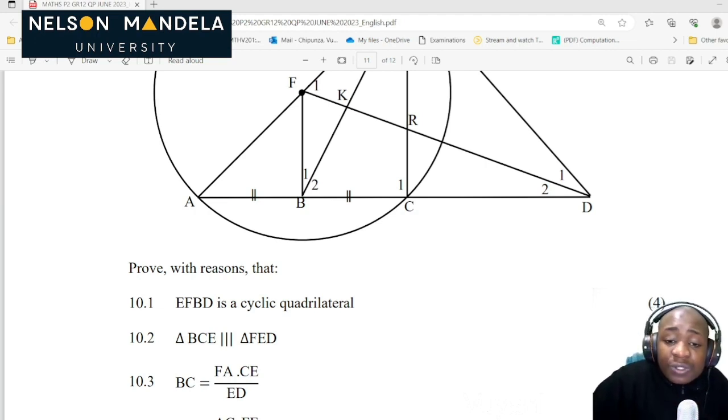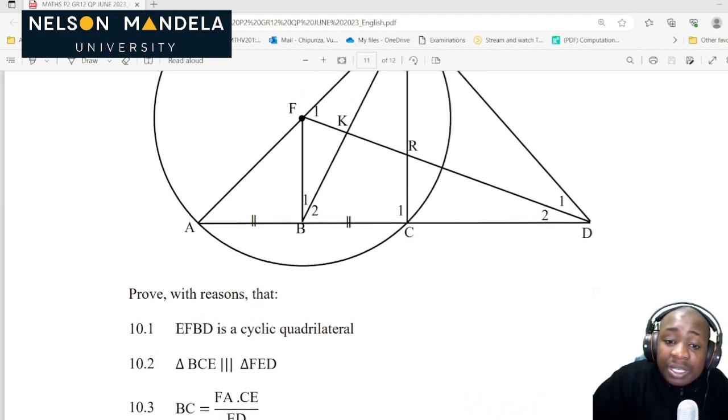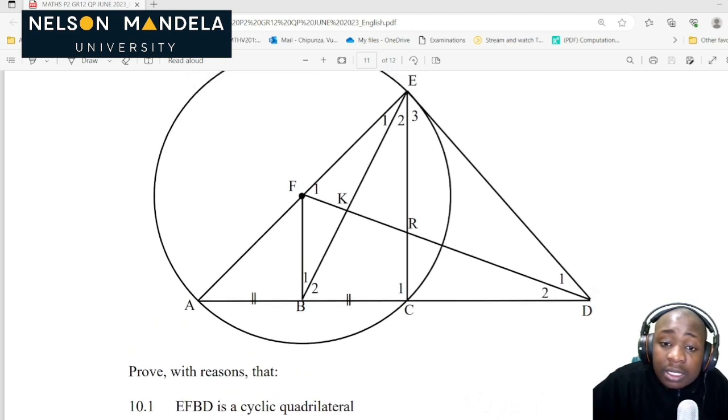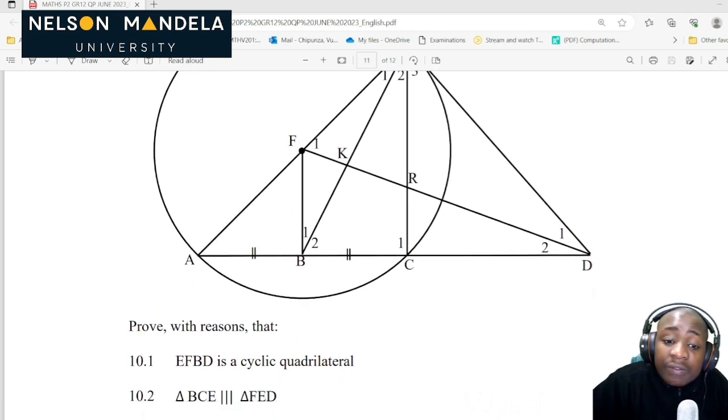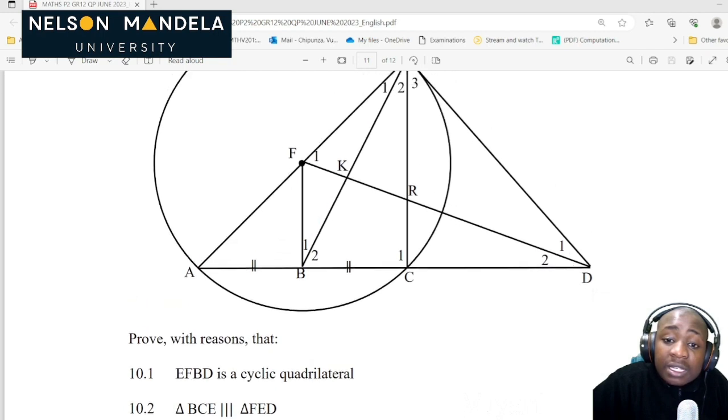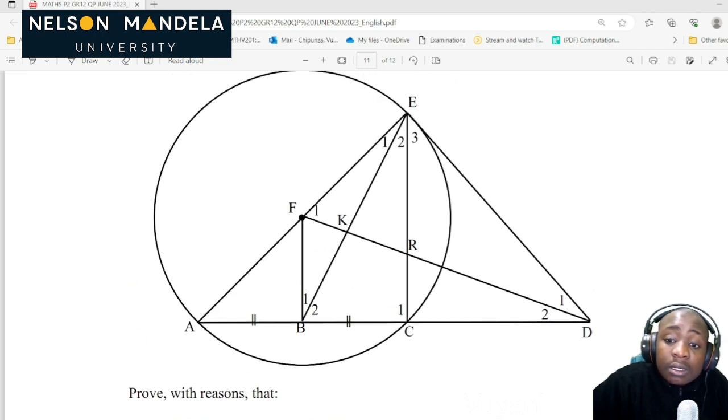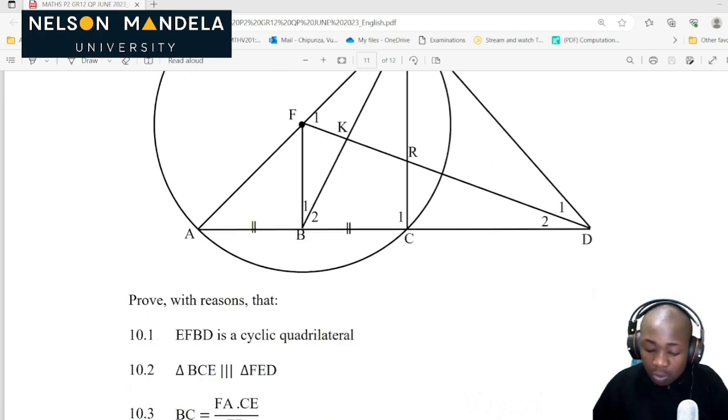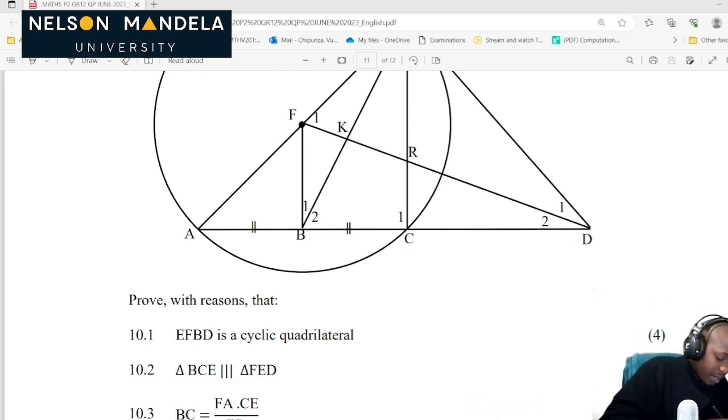Now let's look for similar things in these two triangles. We have triangle BCE, and then we also have triangle FED. Where can we start? We can see that angle C1 is 90 degrees. Why?